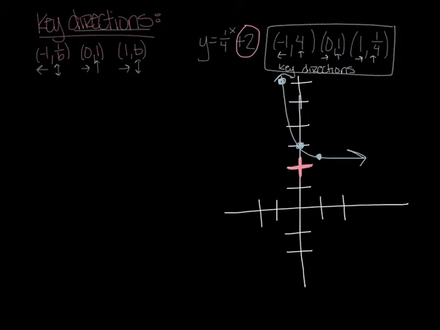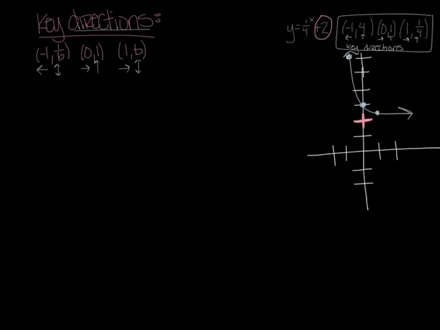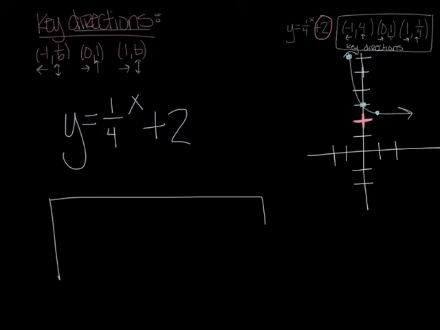Now, I think this is awesome, but I want you to see exactly how this works. You don't just have to take my word for it. So let's go back to the generating a table way and just see if what I just graphed really does work. So if we go back to our equation of y equals 1/4 to the x plus 2, let's generate a table.